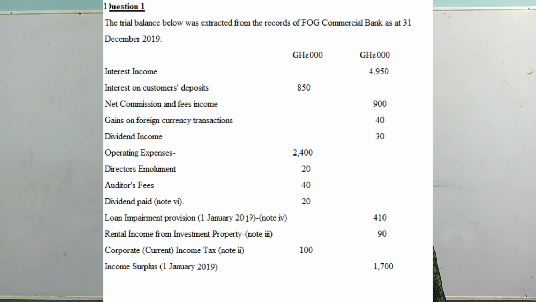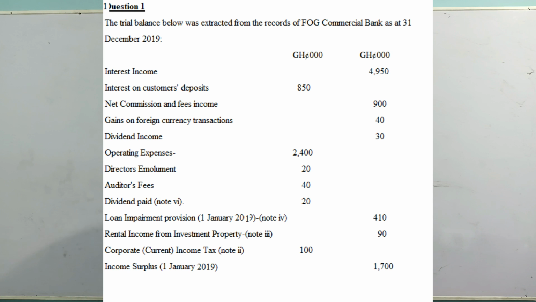However, there is a note attached to that, so we'll read it at note 3. Let's move on. Then corporate income tax, that is the current income tax, is 11 and it's on the debit side. That one is also at note 2, so we'll go and read the note on tax. So we move on.